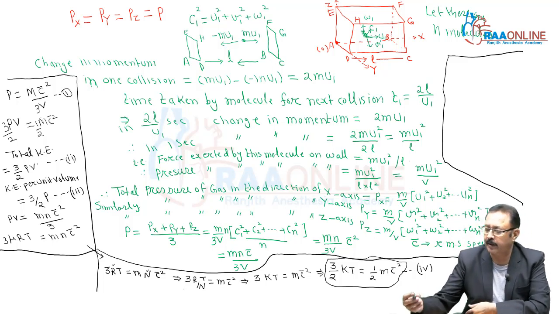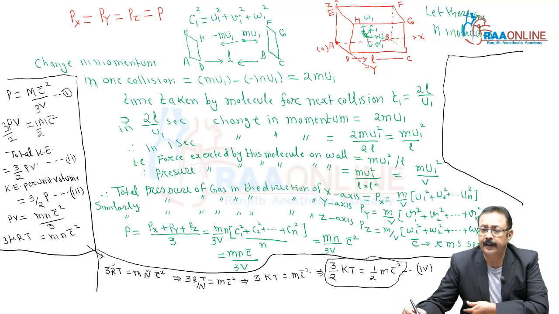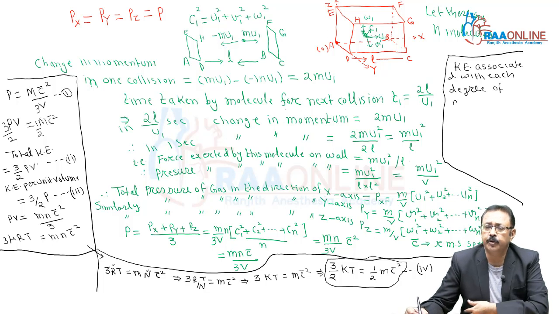So one important result again: the kinetic energy associated with each degree of freedom should be half kT.